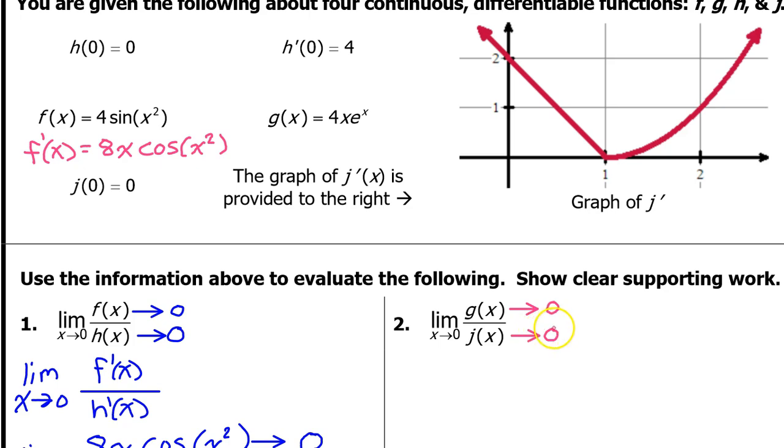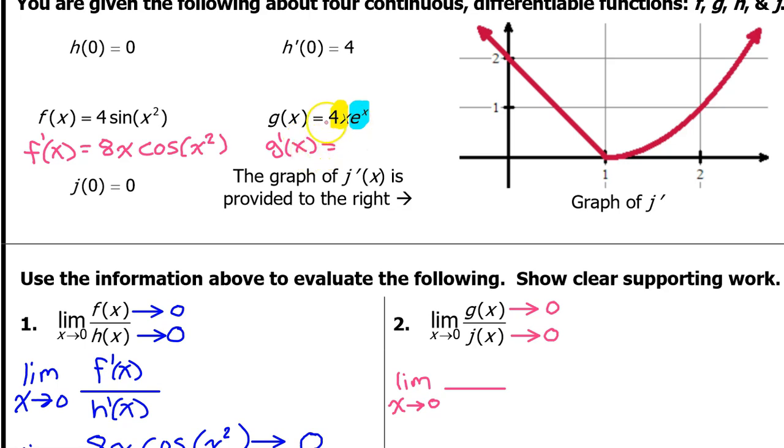You may now use L'Hopital's rule. We can take the derivative of the numerator and the denominator without changing the limit. So we need g prime. This is a product, and I'm going to look at it as 4x times e to the x. So we will have to do the product rule to find g prime.